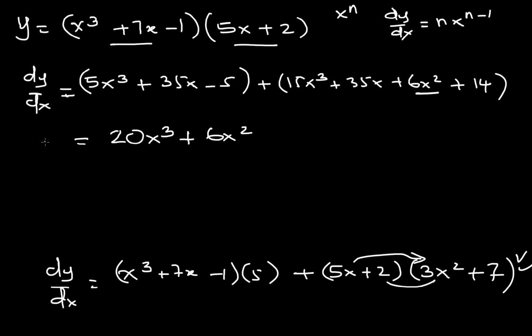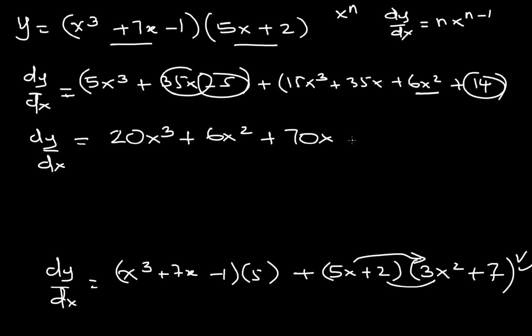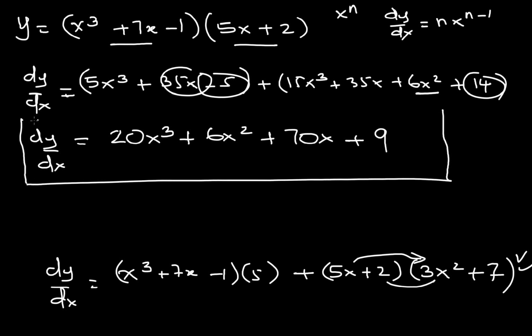Then we go to the next one, which is x. 35x and 35x gives us 70x. And then we have minus 5 and 14, we'll get plus 9. There's nothing else to simplify, so this is our finalized form of our derivative.